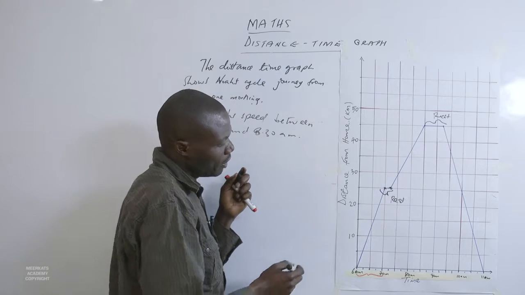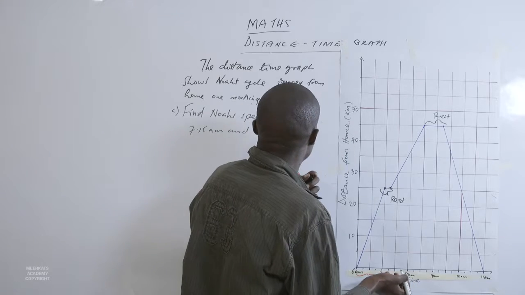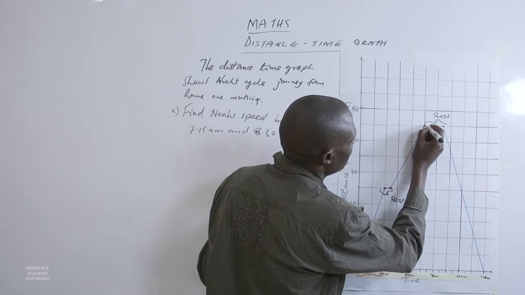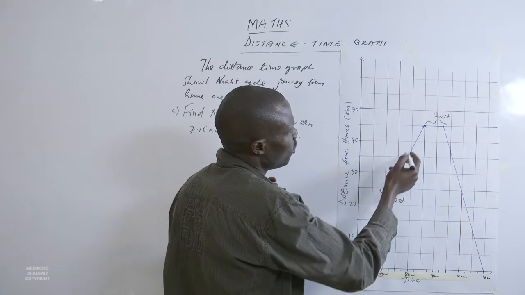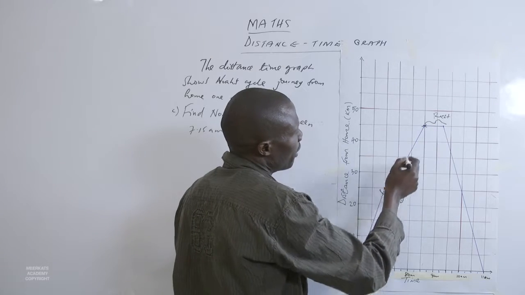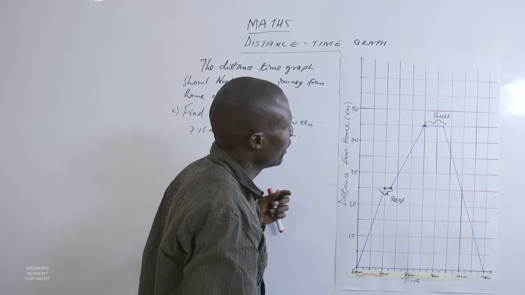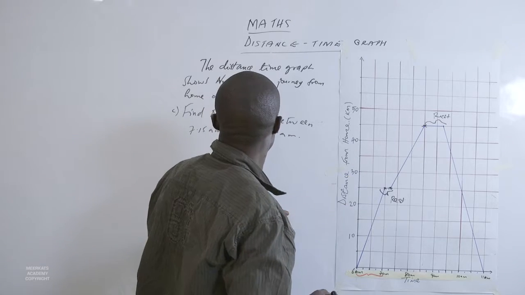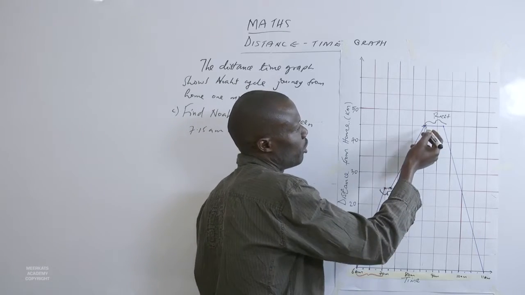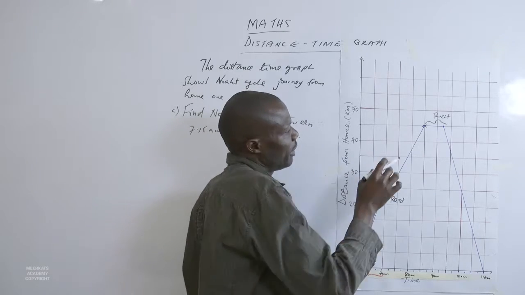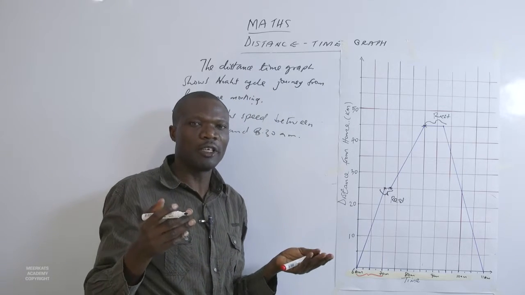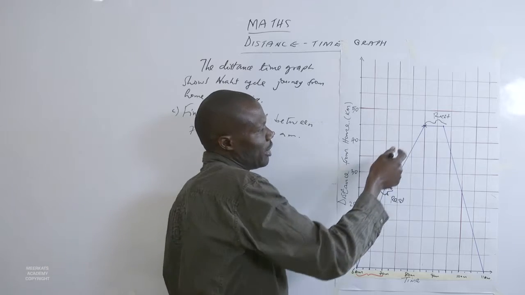So they are asking between 7:15 and 8:30. 8:30 is here. Yes, another rest began from there. So when you want to get the speed here, we need to look at this graph between these 2 points, look at the steepness, and use the knowledge you know about the gradient, and you find the speed.